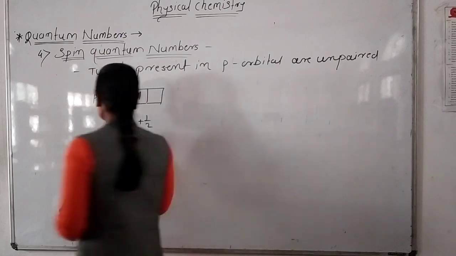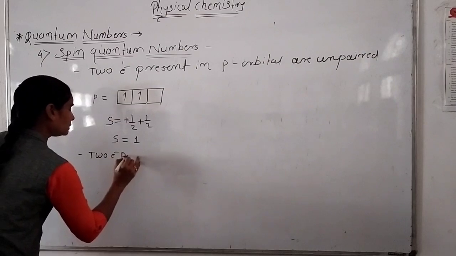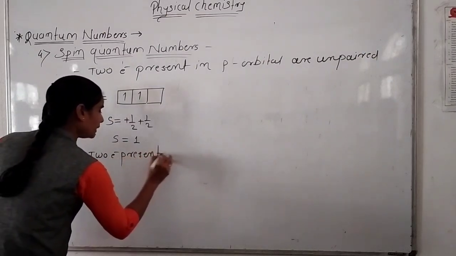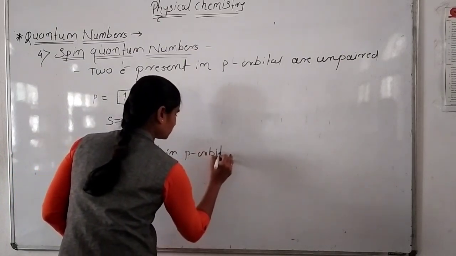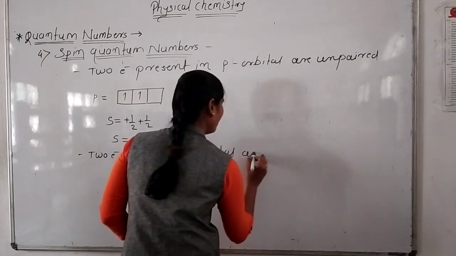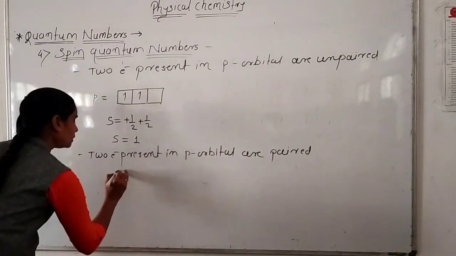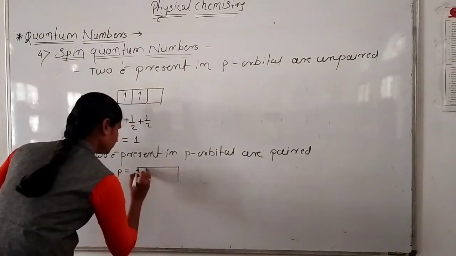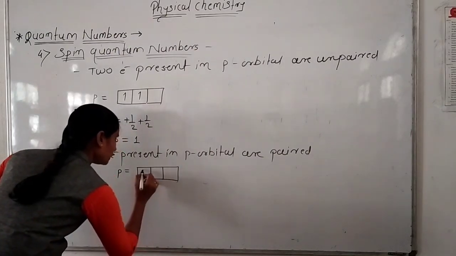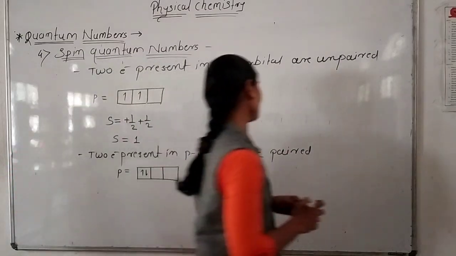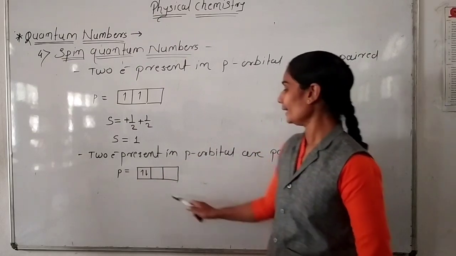Now we take the second condition: suppose the two electrons present in the p orbital are paired.